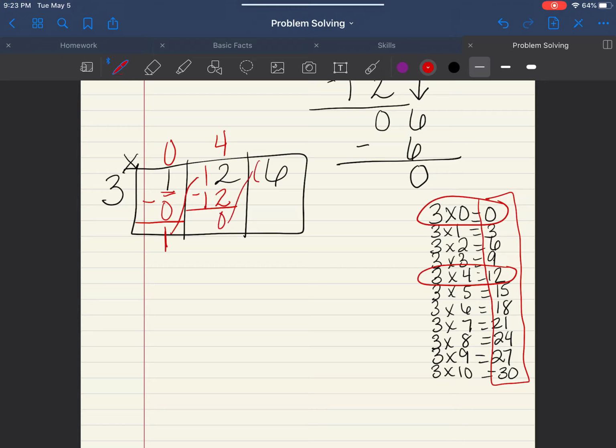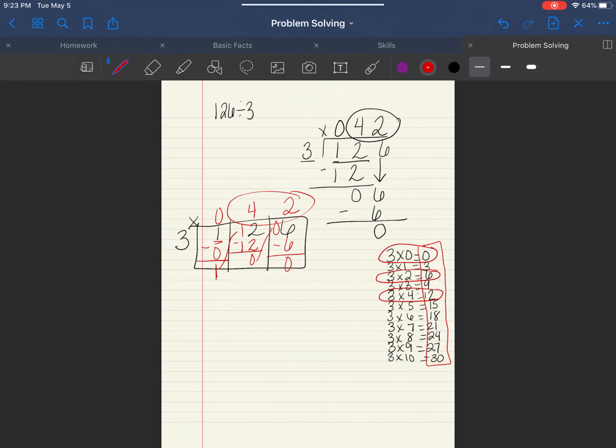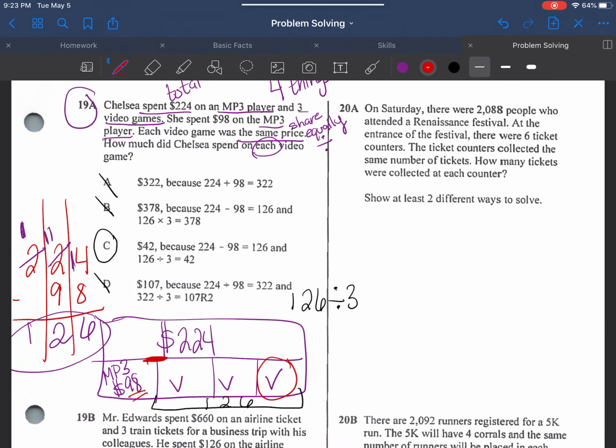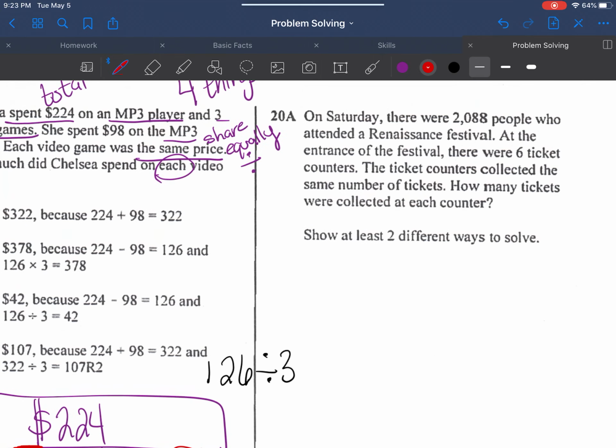That would be 3 times 4 equals 12. We subtract, 12 minus 12 equals 0. We bring down, and now we have a 6. We have a 6 right here. That would be 3 times 2 gives me 6. 6 minus 6 equals 0. My answer is 42. So we got the same answer.